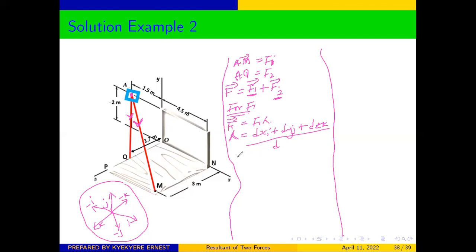So it means that for F1, our lambda, we are going to move. Don't forget that we said that it's representing vector AM.